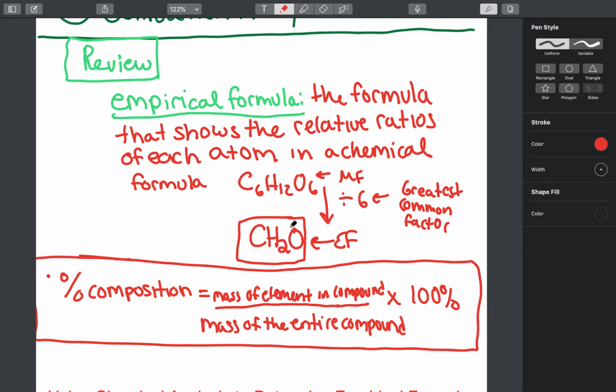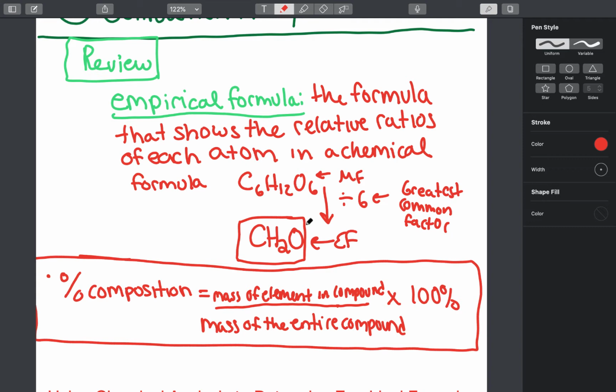For example, this empirical formula tells you that there's 2 hydrogens for every carbon, 2 hydrogens for every oxygen, and 1 carbon for every oxygen. If you are at all confused about empirical formulas and molecular formulas, I encourage you to go back to one of my previous lectures where I go into great length about what empirical formulas and molecular formulas are.